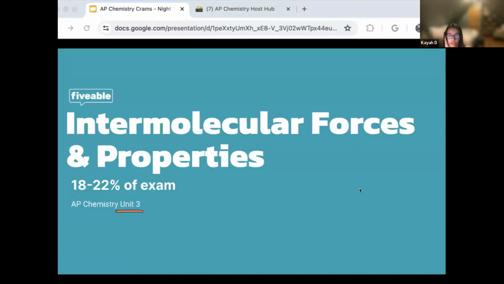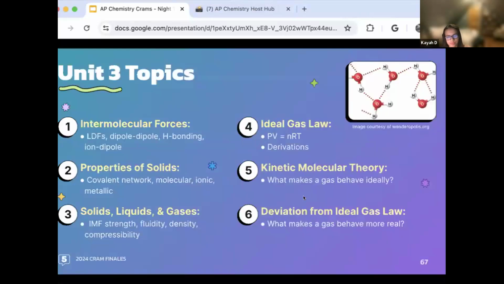So, like I was mentioning earlier, intermolecular forces are 18 to 22% of the exam. So it's a big portion. Make sure you understand it. Quick overview: we're going to go over the different types of intermolecular forces, the properties of solids, liquids, and gases, ideal gas law, KMT, or kinetic molecular theory, and the deviation from ideal gas laws.